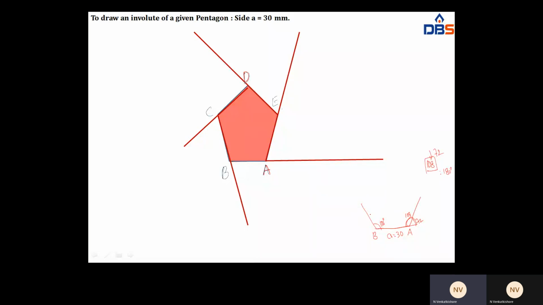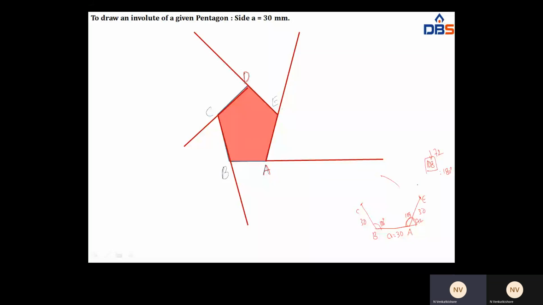Then after that, for both the sides, how much length is to be mentioned in both the cases? A, B, C, D, and this is E. And all the sides are equal, so from C and E, with the same radius of length, that is here also 30, here also 30.